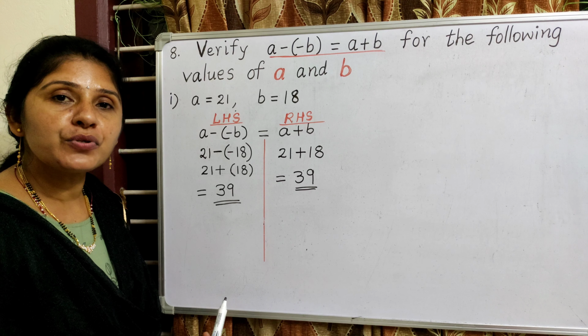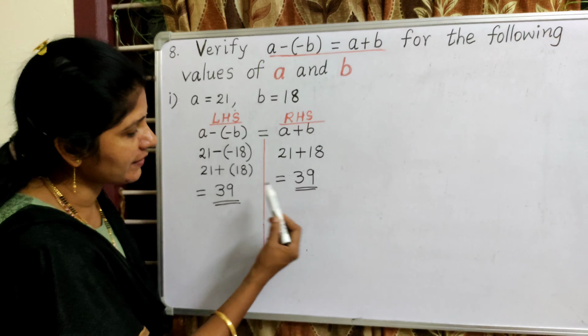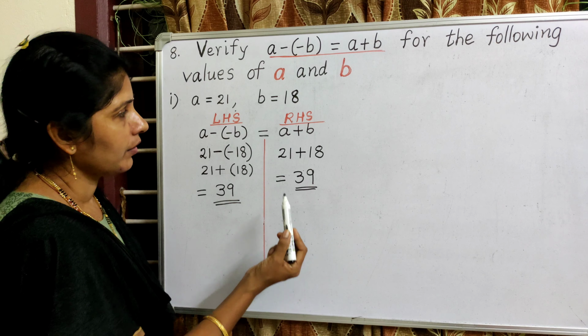Students, now observe the answers of both the sides. The final answer of left hand side is 39 and the final answer of right hand side is also 39. So both the sides answers are equal to each other. 39 is equal to 39. Left hand side is equal to right hand side.